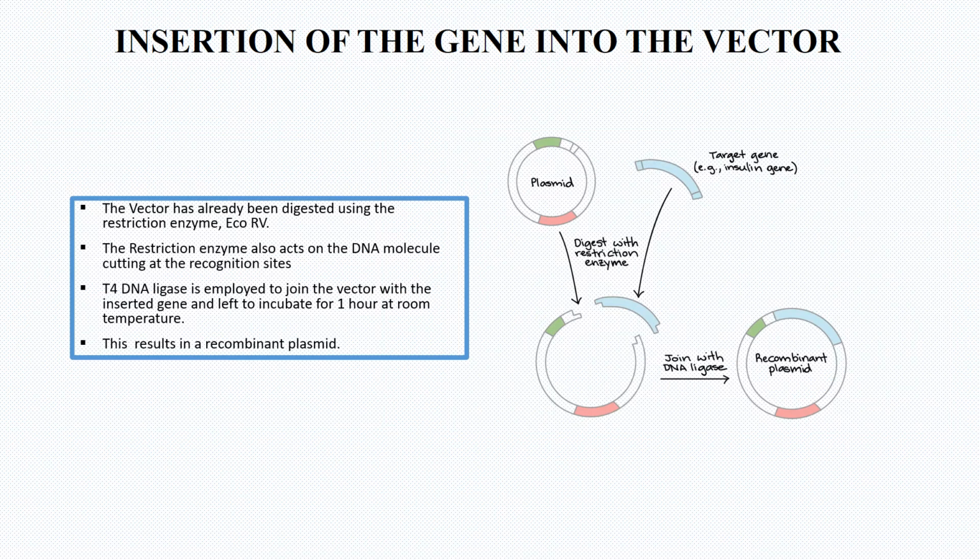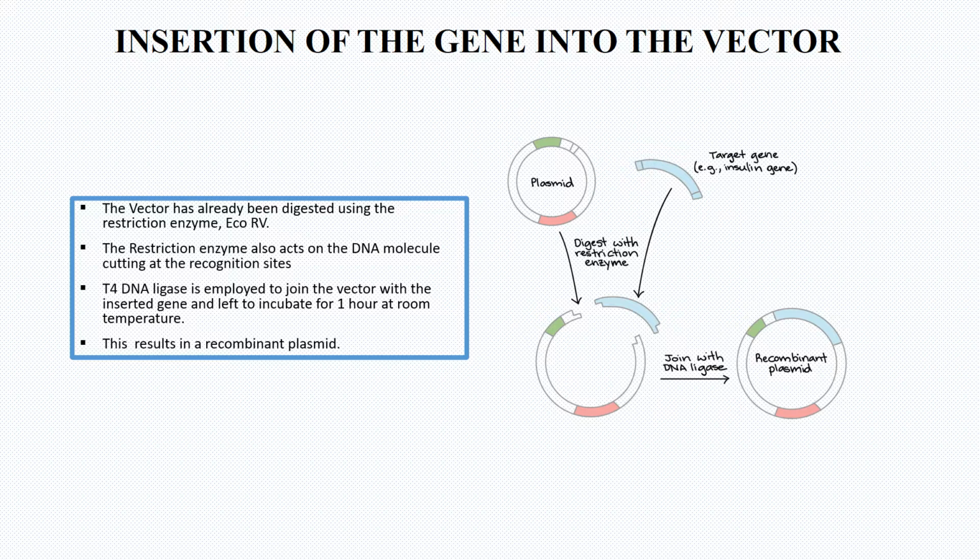Now for the insertion of the gene into the vector. The vector has already been digested using the restriction enzyme EcoRV. This EcoRV enzyme is used on the DNA molecule. The restriction enzyme cuts the DNA molecule at the recognition site.